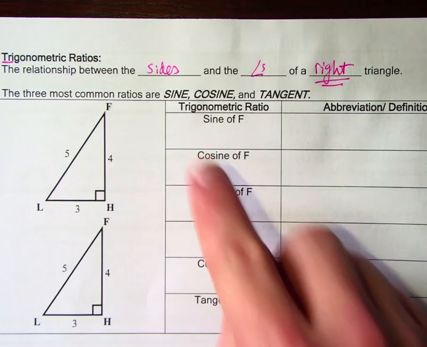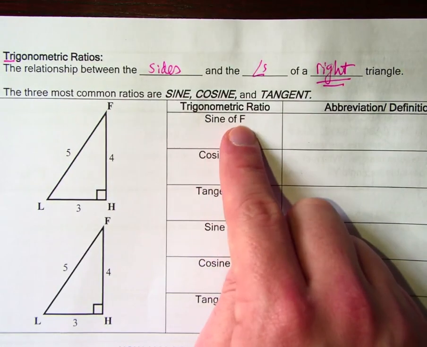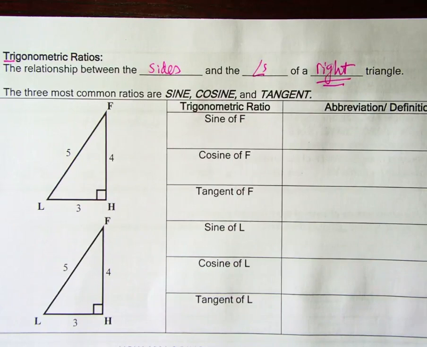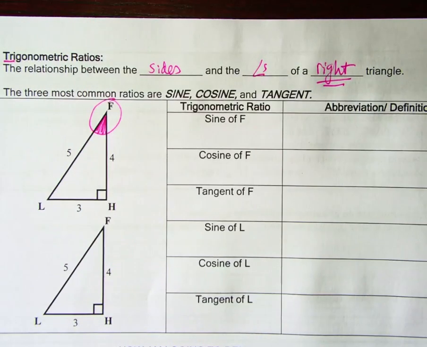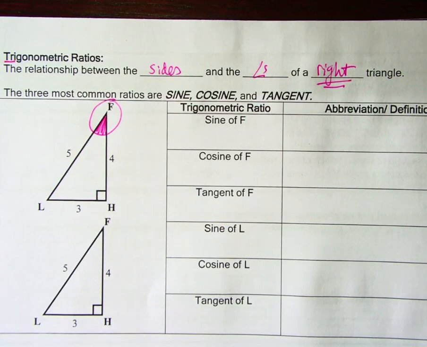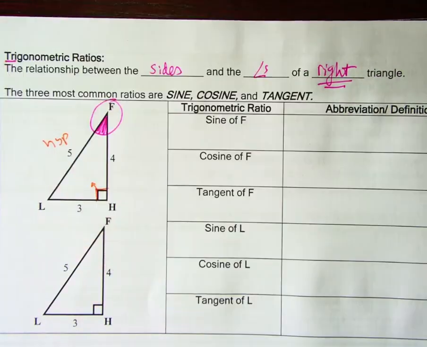So let's start here. This you pronounce sine, and F is going to be the reference angle. So I'm going to go ahead and I'm going to circle F. That's my reference angle. And sine now is something we're going to go over as soon as I label the other pieces. Always label your sides.